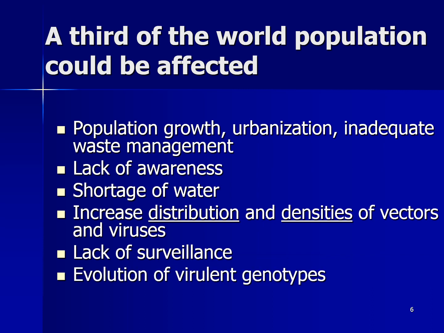Then the evolution of virulent genotypes. Virulent means the virus or the microorganism that can cause disease. So different types of genotypes are emerging, and again, this can result in affecting the population.